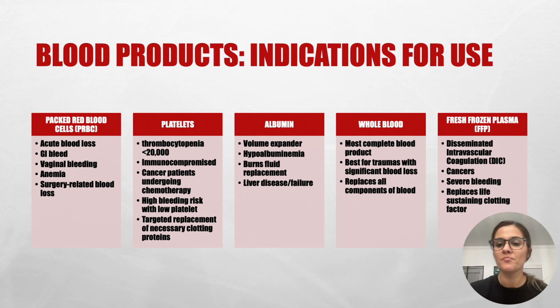And then with platelets, it's typically given for patients, of course, with low platelets. But what do we call that? That's your thrombocytopenic patients with typically a platelet count less than 20,000. You also are giving this because the patient might be immunocompromised, like your cancer patients.